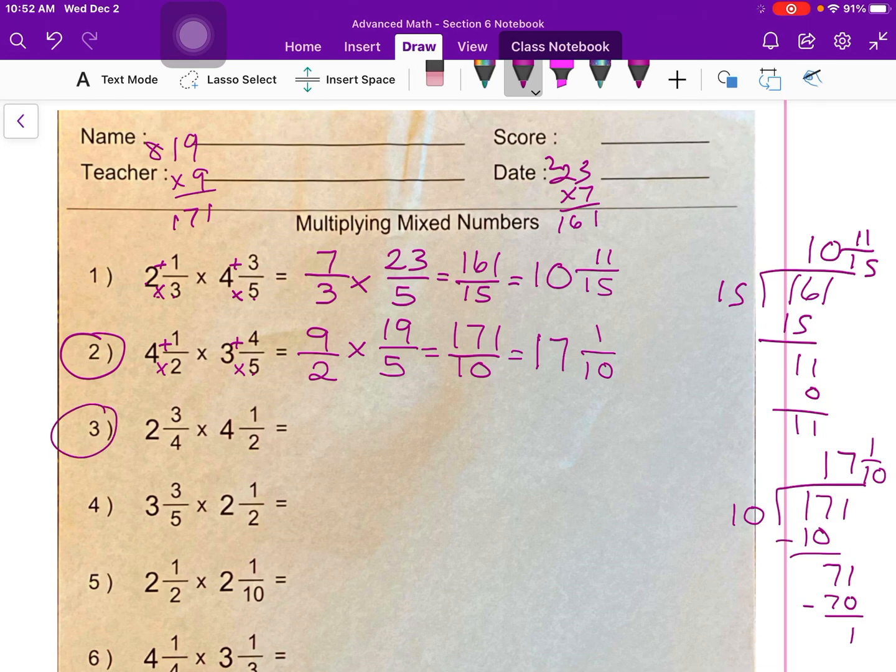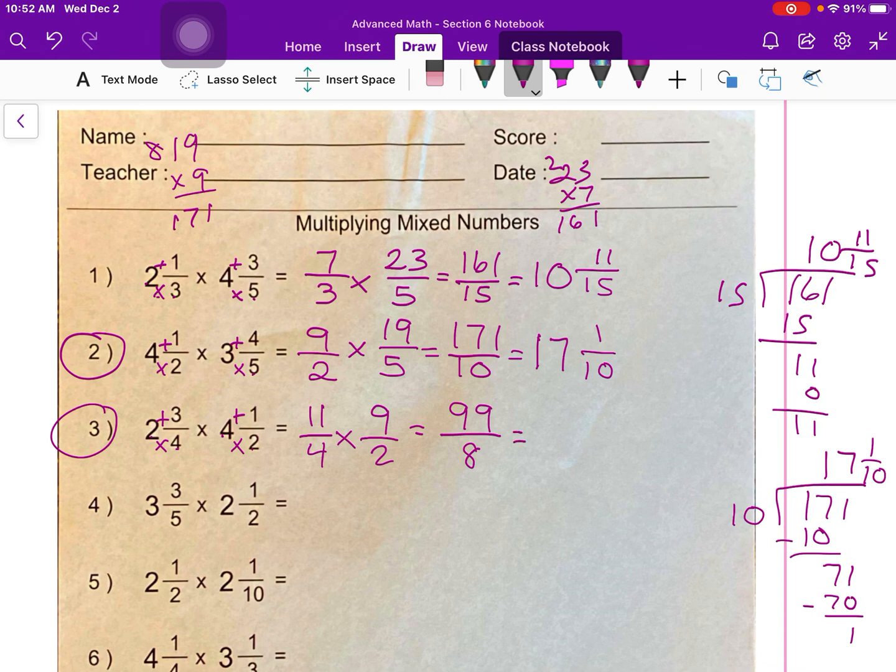Let's try number 3. One more together here. I would take 4 times 2 to get 8, plus 3 is 11 over 4. And in the second one, I take 4 times 2 is 8, plus 1 is 9 over 2. I can't simplify anywhere, so I multiply straight across. I get 99 eighths.